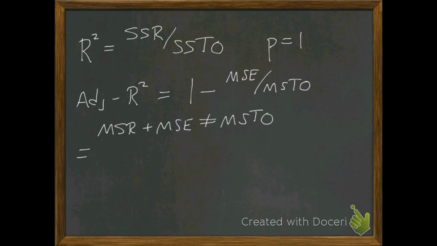Now, sum of squares regression plus sum of squares error is equal to our sum of squares total. So just put that on the back burner. All right, and probably a more commonly used one, because it actually uses the degrees of freedom.